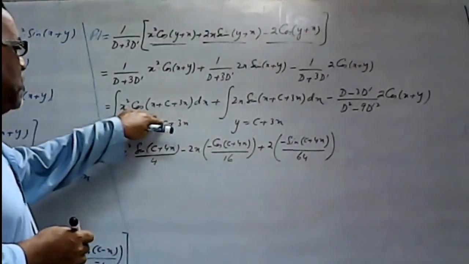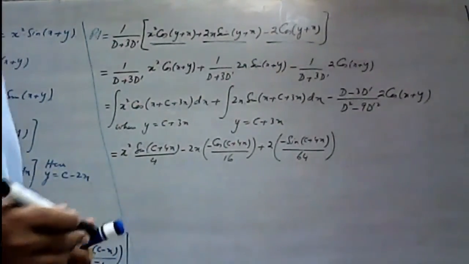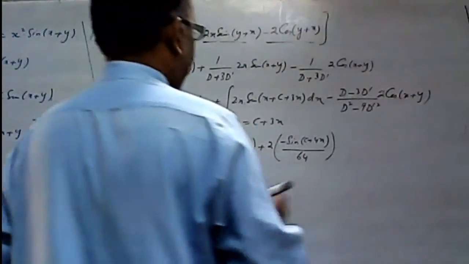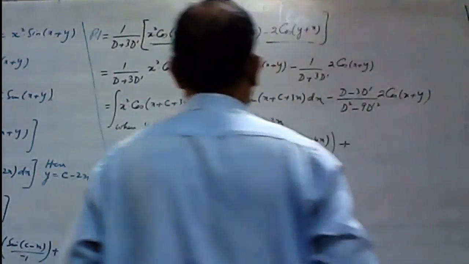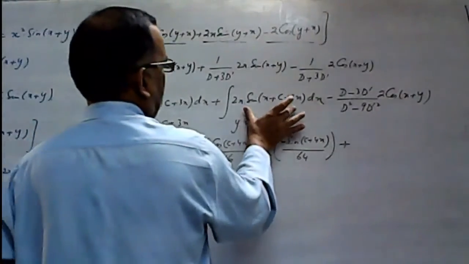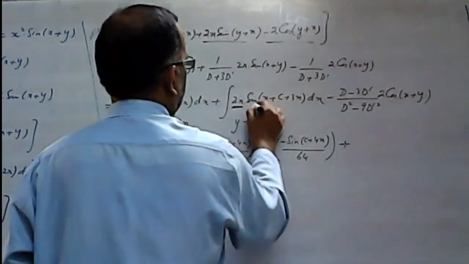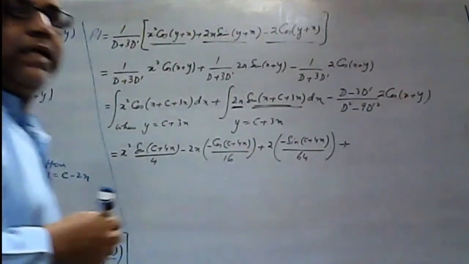This is the result of the by parts formula. And then plus, now we need to apply method 4 on this term as well. So again, this is the by parts formula case.